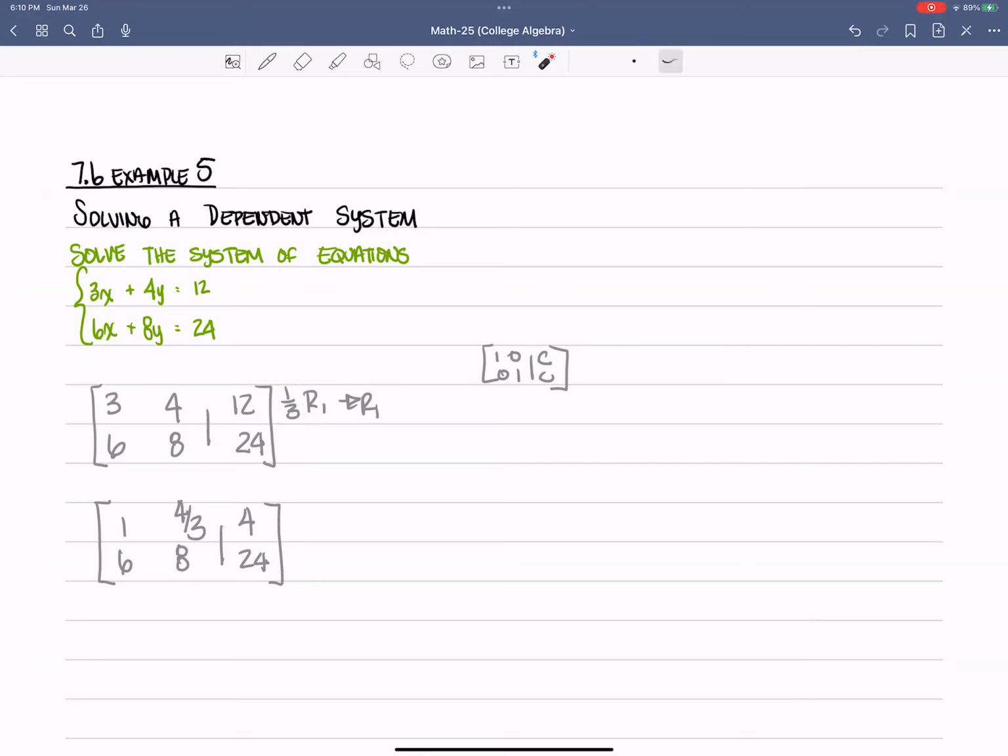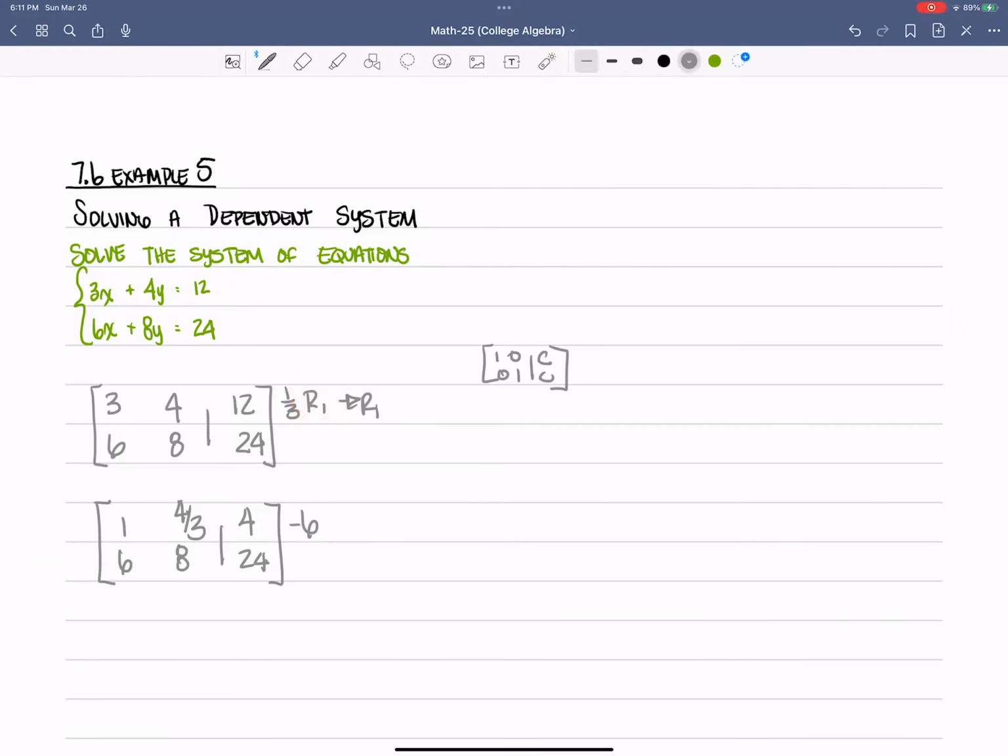Perfect. Now that we have a 1 where we need it, we're going to get a 0 in that exact same column. We could easily do that by multiplying by the opposite of whatever we're trying to turn into a 0. So the opposite of +6 is going to be a -6.